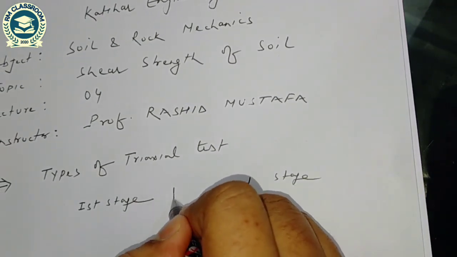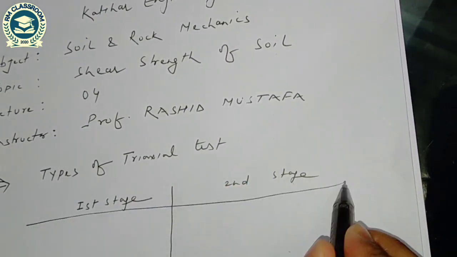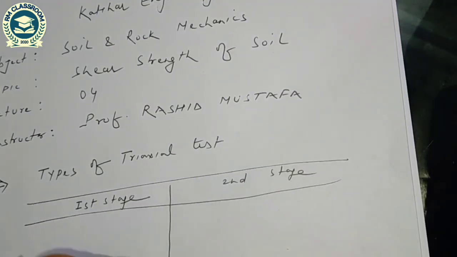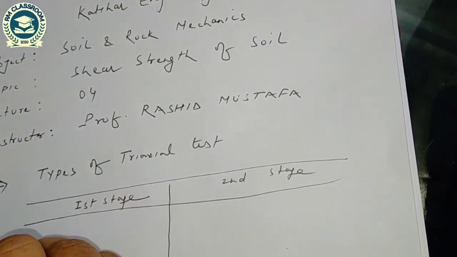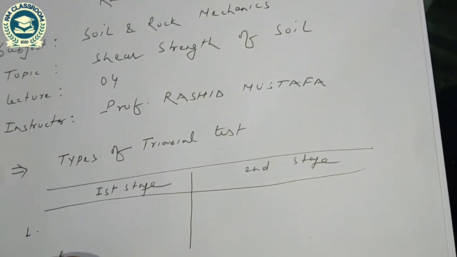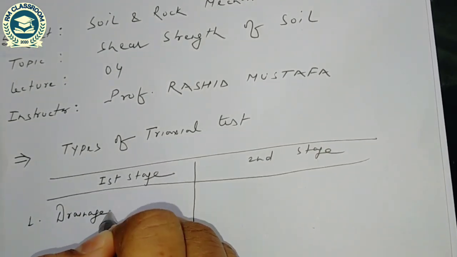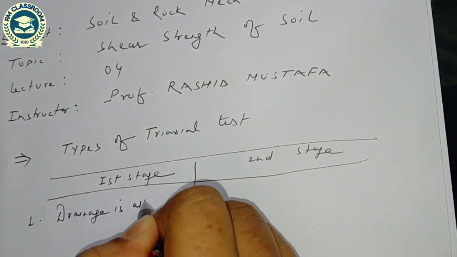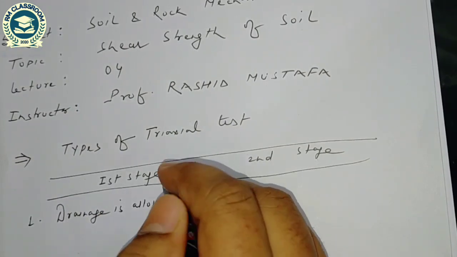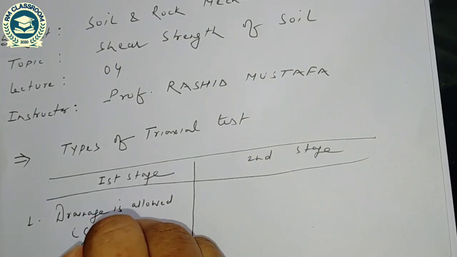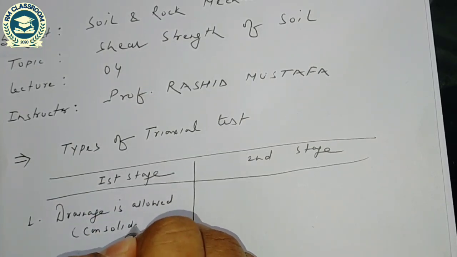In the first stage, if drainage is allowed, then it is called consolidated.